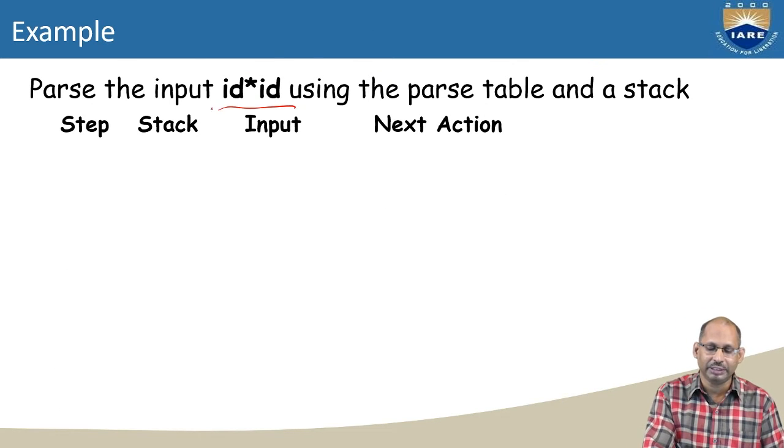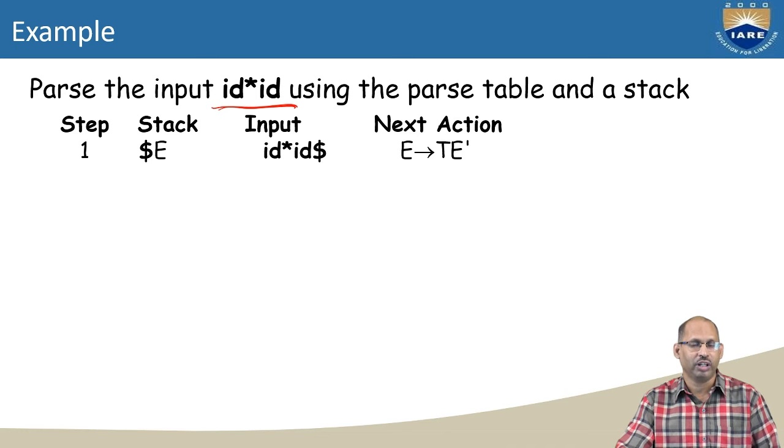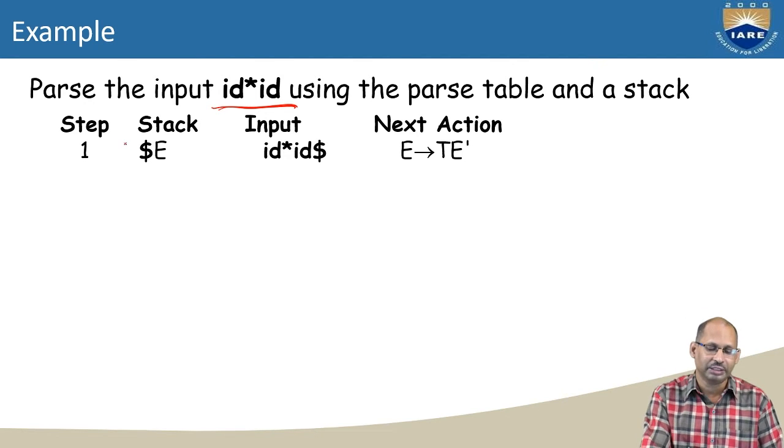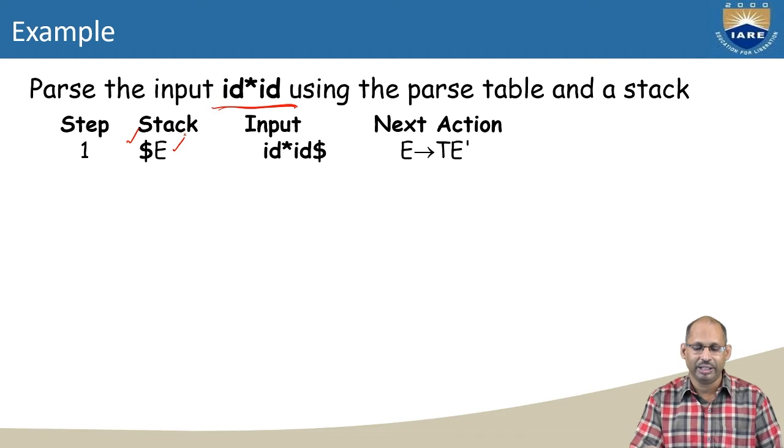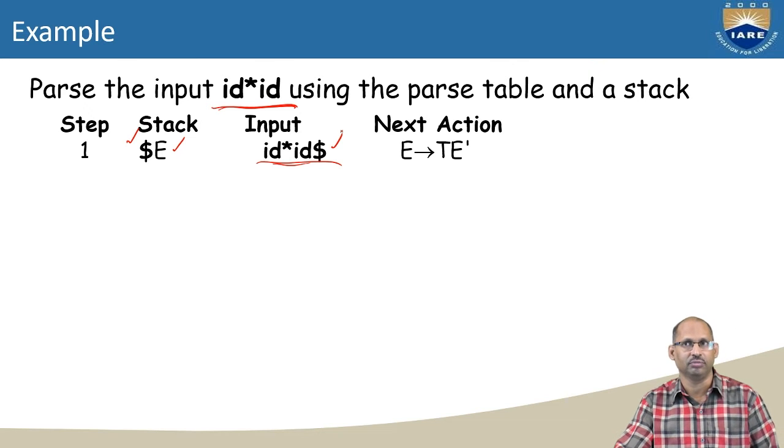Our input is ID into ID. So initially in the first step, we consider the dollar sign with the starting variable. And the input ends with the dollar sign.